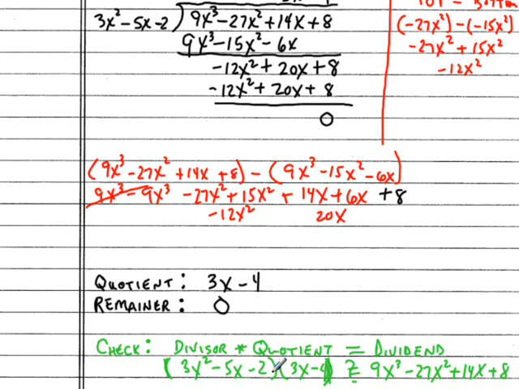We would do this multiplication to verify that that's in fact what we got. If we got the correct dividend, then we would be convinced all of our work was correct. I'll let you do that.